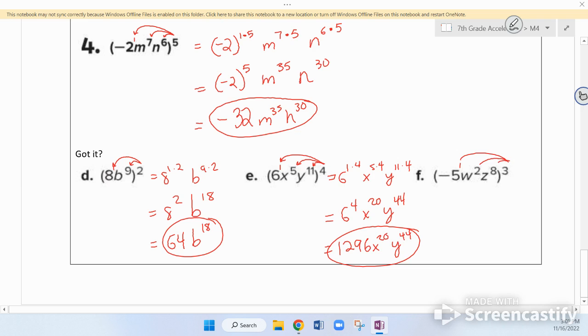And finally, put the 1 there, distribute this. It's not really called distributing, but it looks like distributing. So we've got (-5) to the 1 times 3, w to the 2 times 3, and z to the 8 times 3. And oops, I did a no-no. We need to make sure we keep our negative numbers in parentheses there.